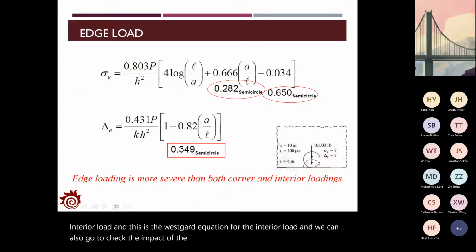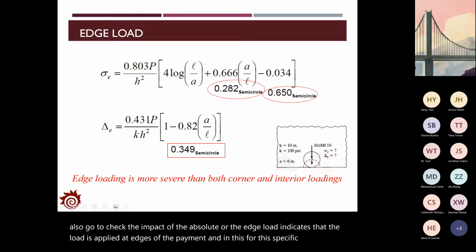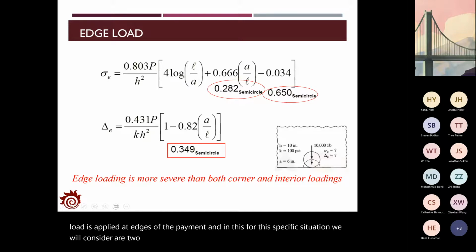The edge load indicates that the load is applied at the edges of the pavement. For this specific situation, we will consider 2 different loads applied. One is the full circular load. The other one is the semicircular load.